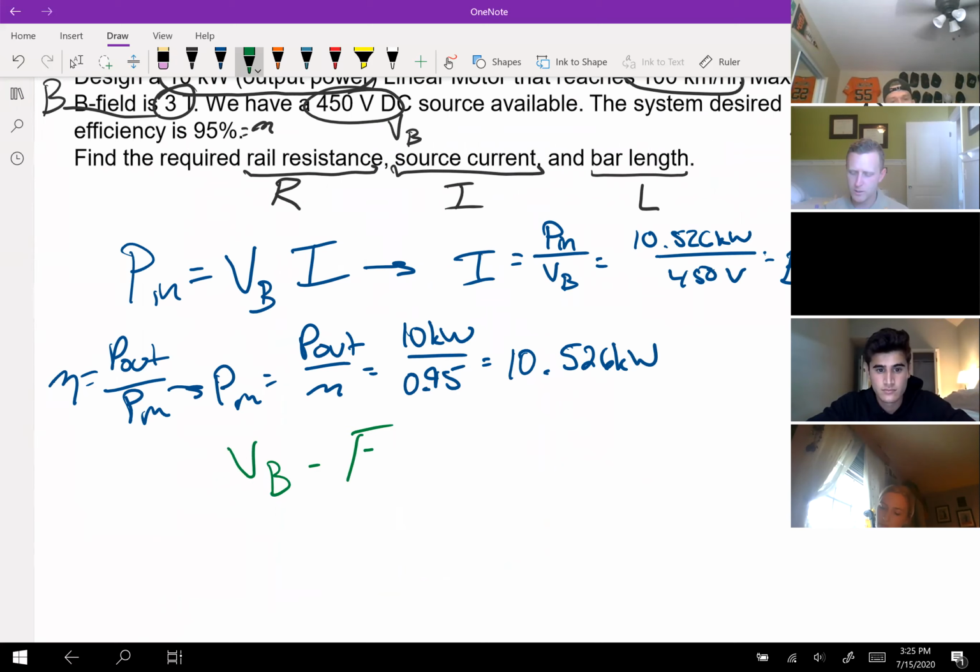But we can do VB minus E induced equals IR.